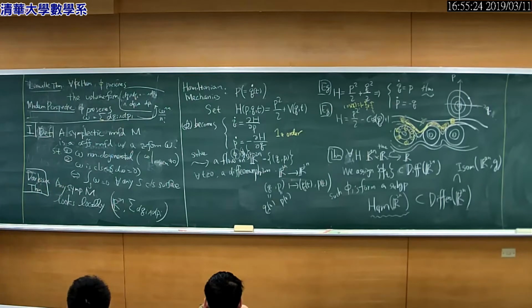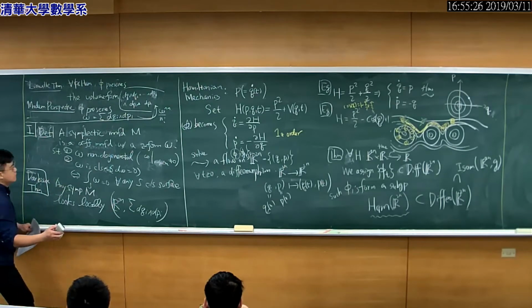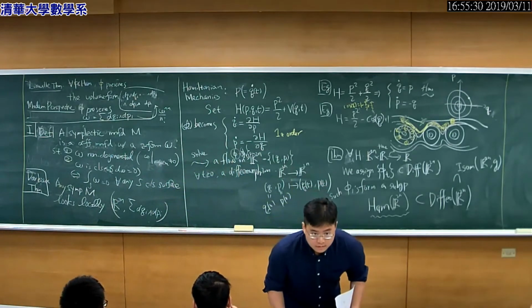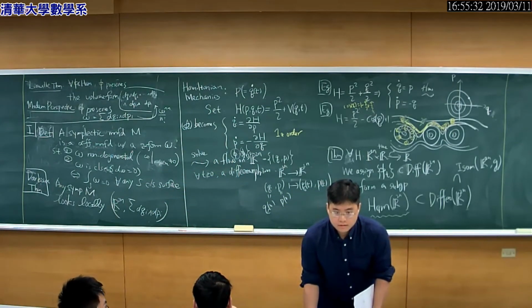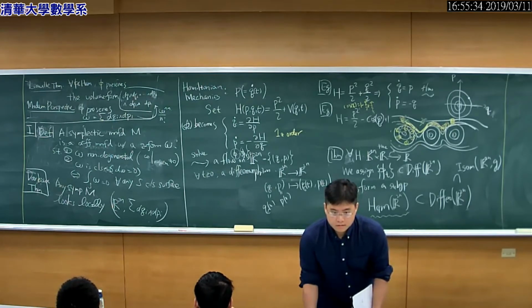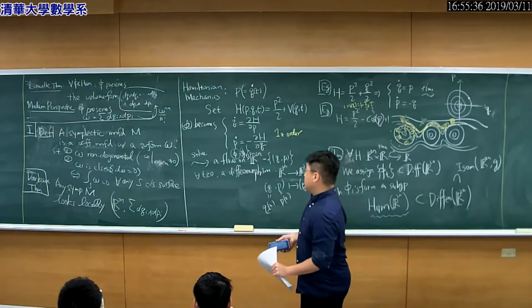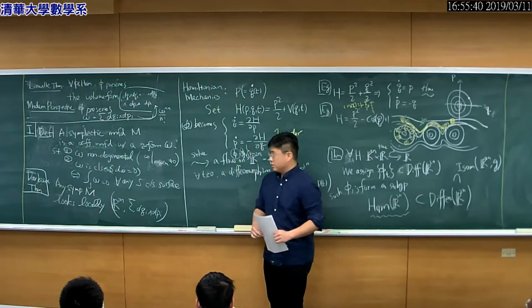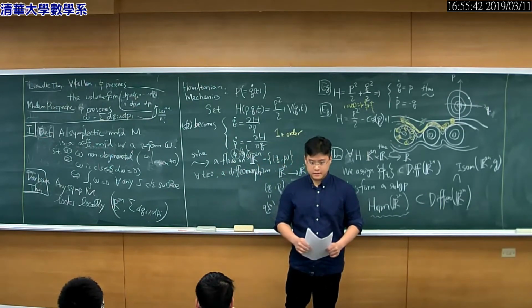If I can ask a question, what's the interpretation in physics that phi preserves the volume form or omega? It relates, for example, to ergodicity.